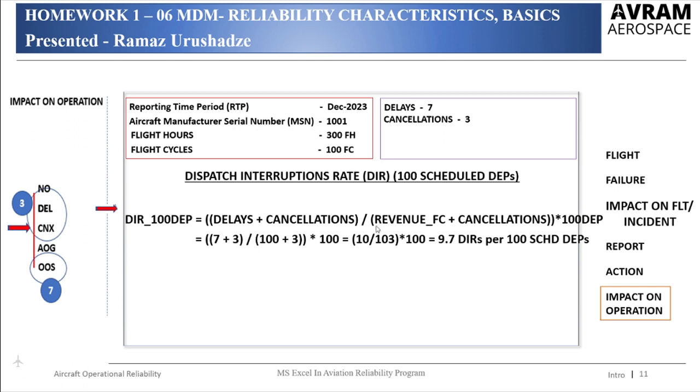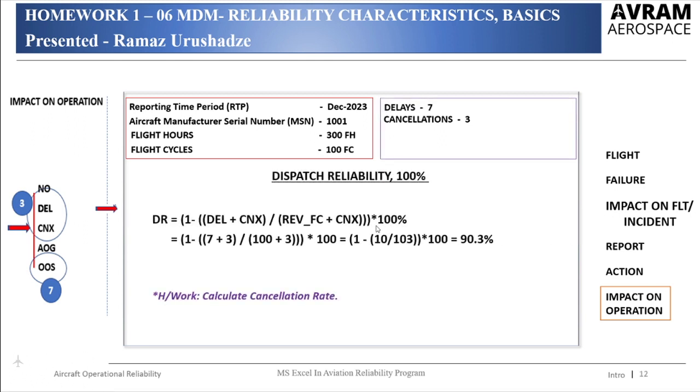Let's move to another characteristic. It's very popular, so that's the reason why I included it here. Dispatch reliability. I'm using same delays and cancellations on aircraft level. We can calculate dispatch reliability on system level, but for this example, I'm calculating on aircraft level. Anyway, we need to calculate dispatch reliability in percentage.